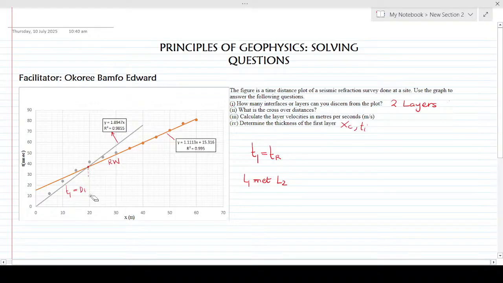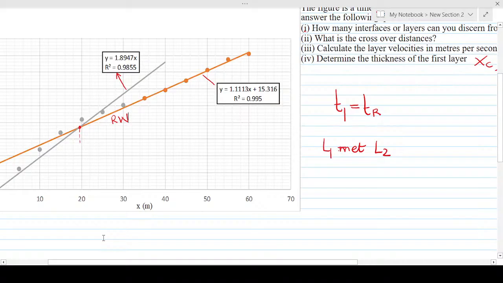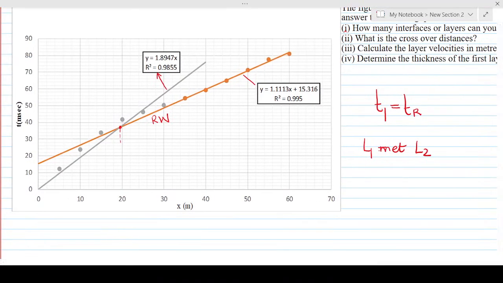Let me erase this. This is where they meet. Let me zoom in. They meet here, this is where the two lines meet, then we trace it down, and that will give us our crossover distance. From here to here is 20. This is 12, 14, 16, 18 and this is 20.